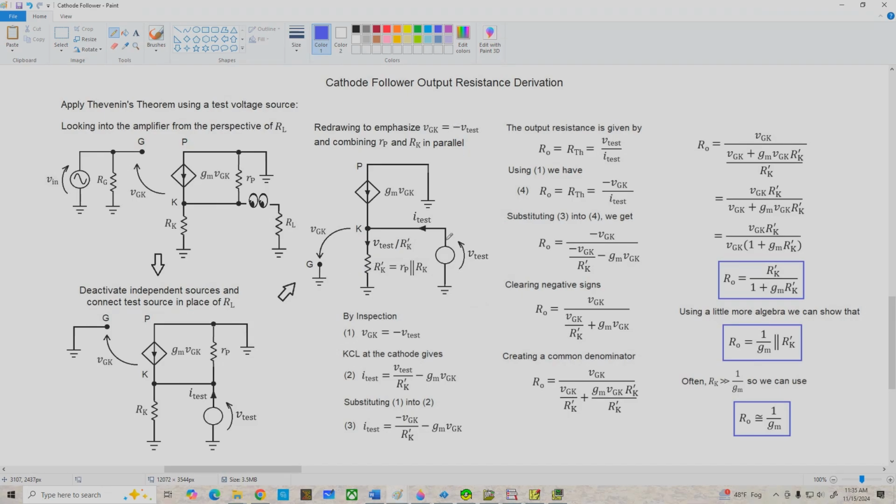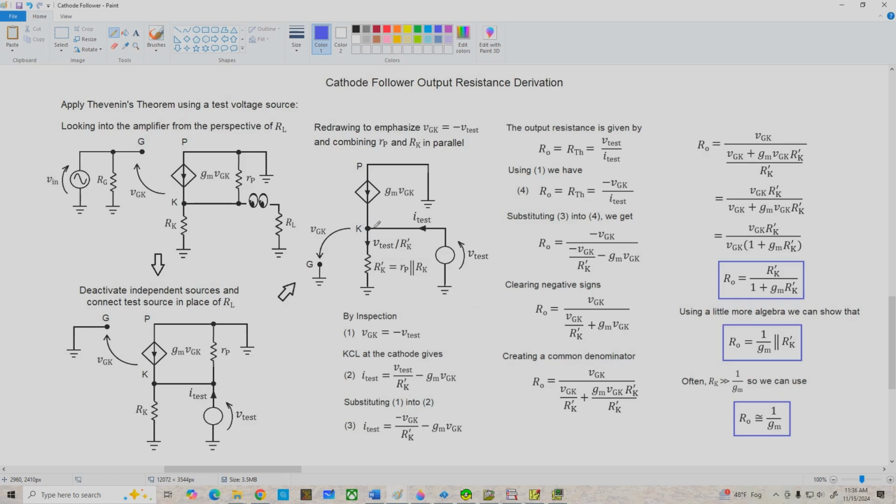And another thing we can note here by inspection, since V sub test is directly across R prime K, the current through R prime K is V test over R prime K. And if we begin to compile some of these equations, the first one I've got is V sub GK equals negative V sub test.